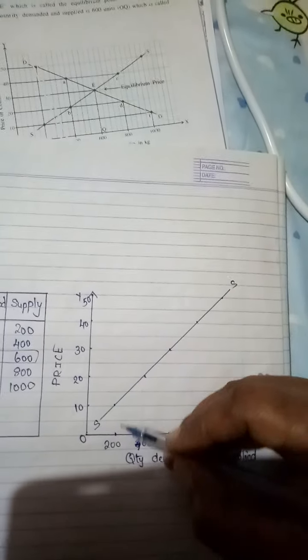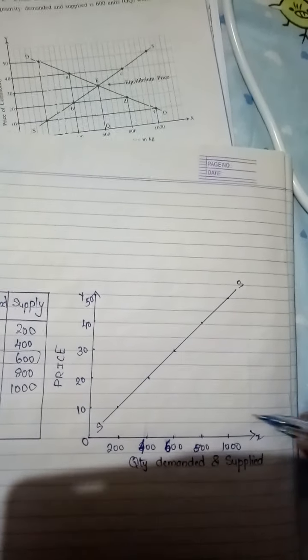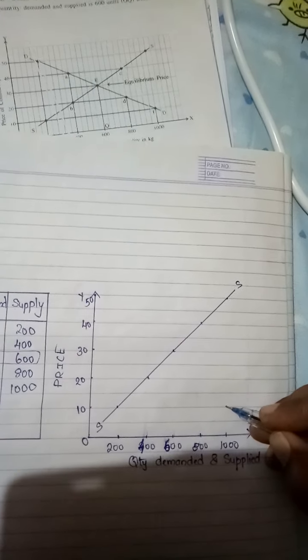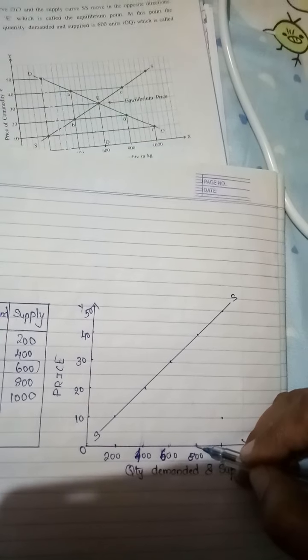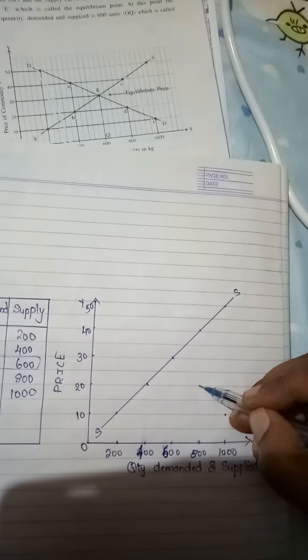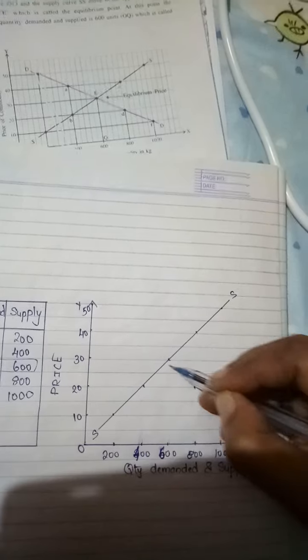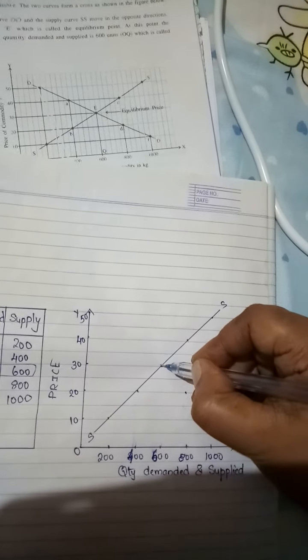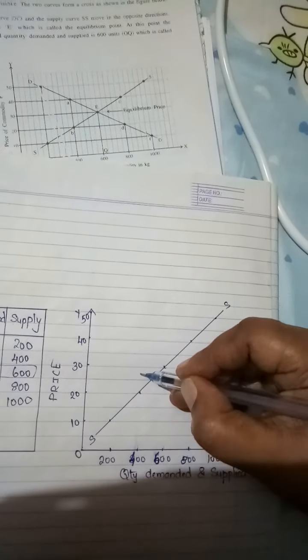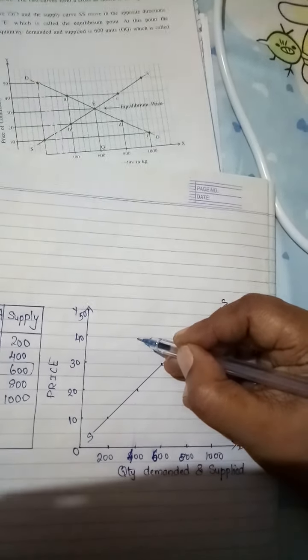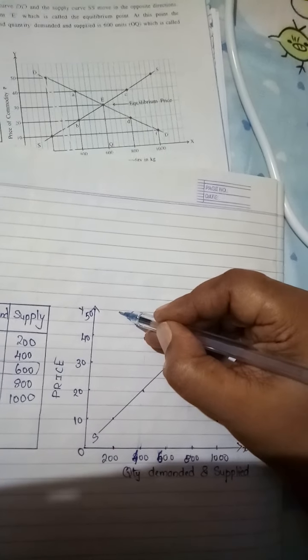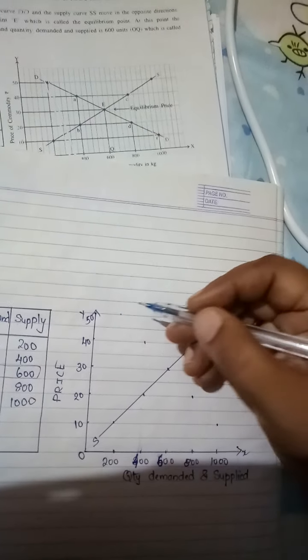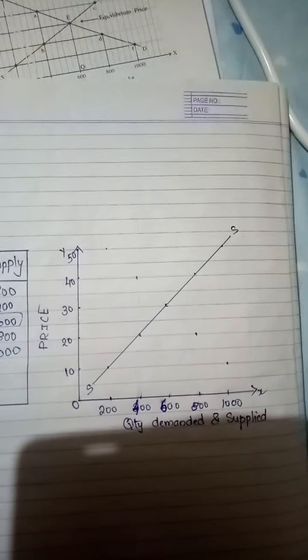Now we are going to plot our demand, that is at 10 we have 1000, at 20 we have 800, at 30 it is 600, at 40 we have 400, at 50 we have 200, and we'll join these points also.